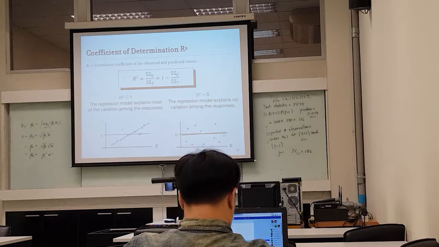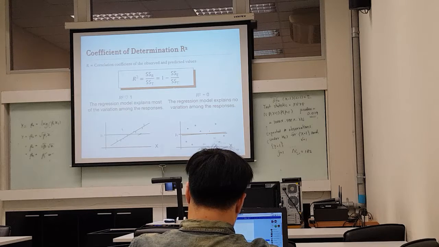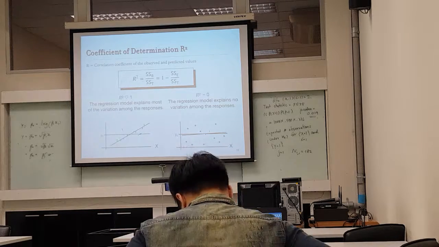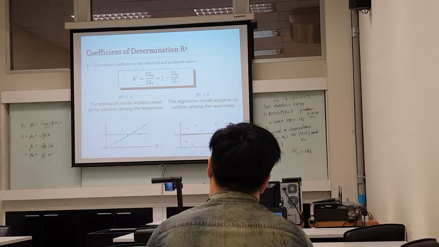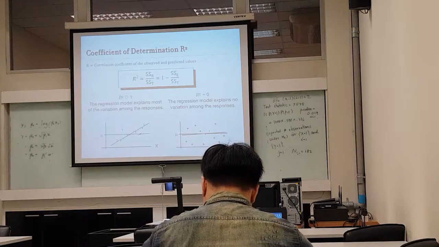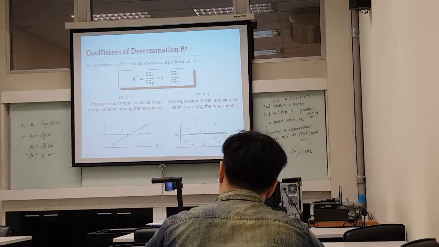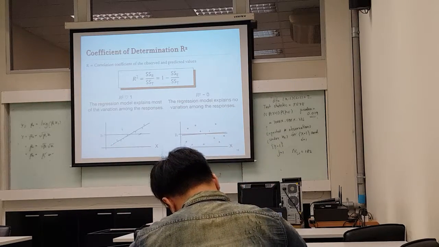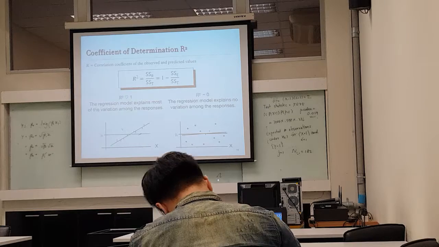You can write this R squared as 1 subtract SSE over SST. When R squared is close to 1, it means your model explains most of the variation. Say you have data like this, and this is a fitted model. The variation of the data around the mean can be explained by this regression model.